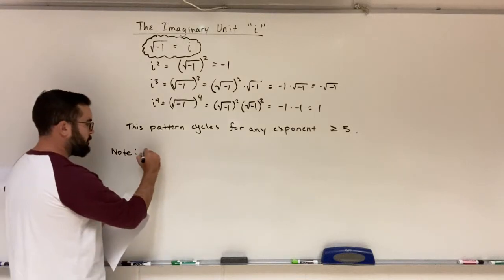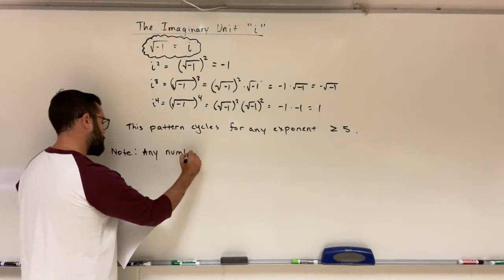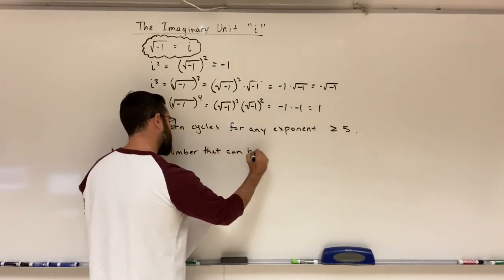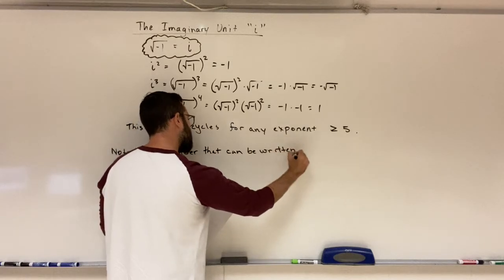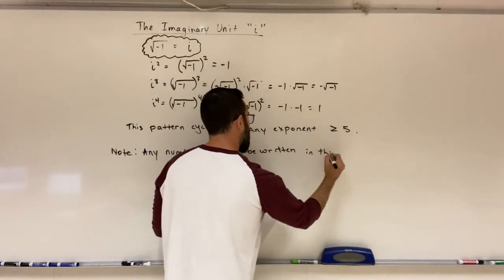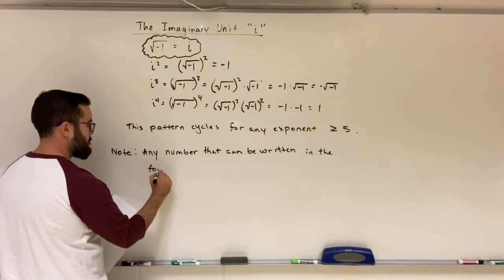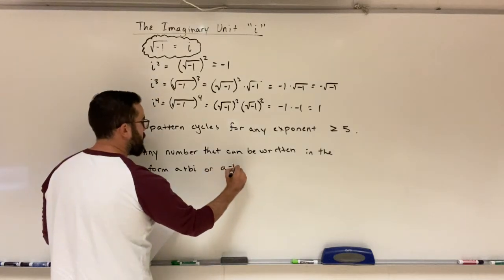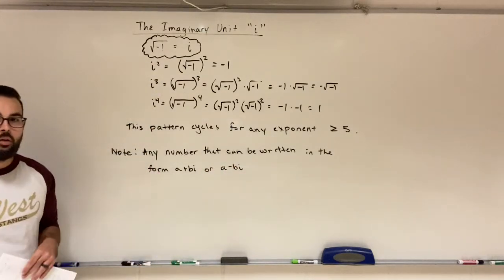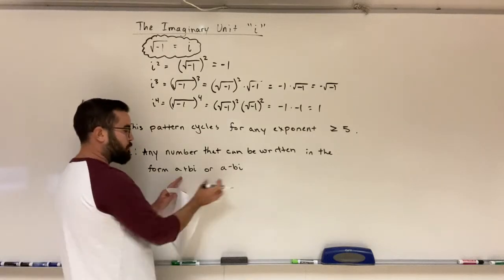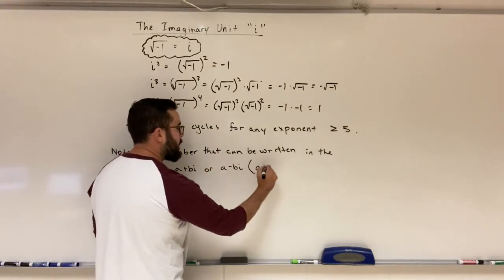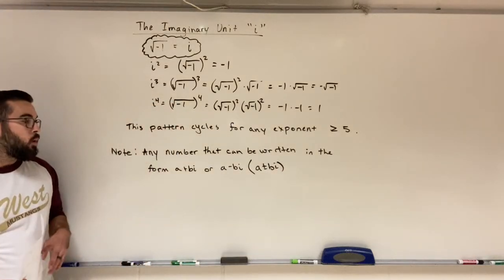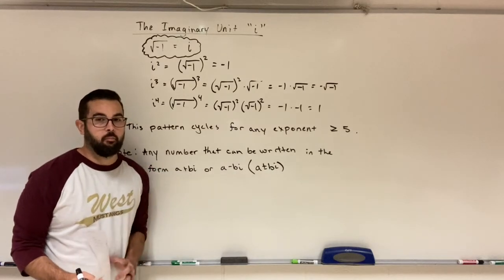Okay, this is also a note. Any number that can be written in the form a plus bi or a minus bi. So when you have these two expressions, in math a lot of times we write it like this, a plus or minus bi. We call this type of number a complex number.